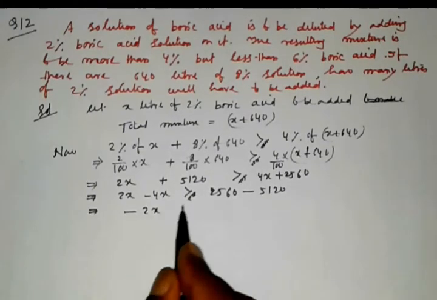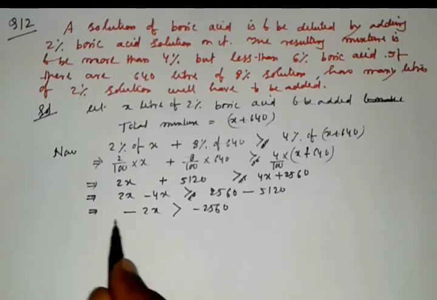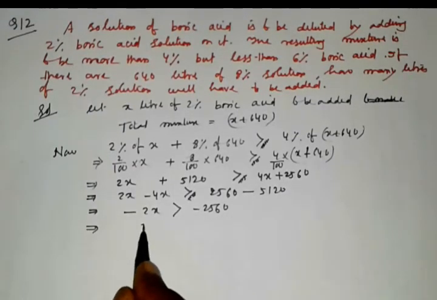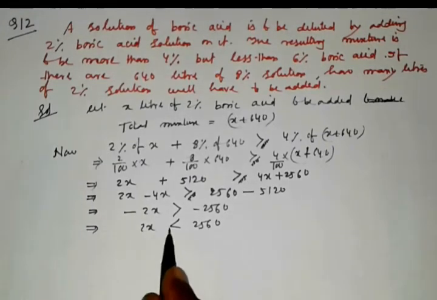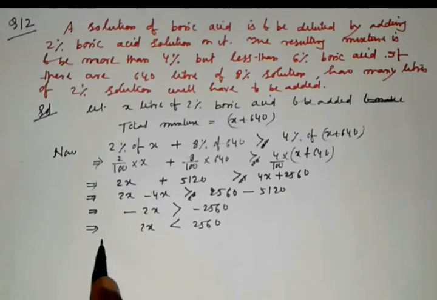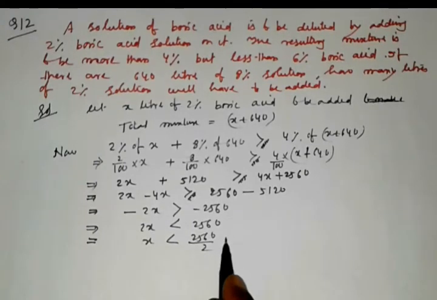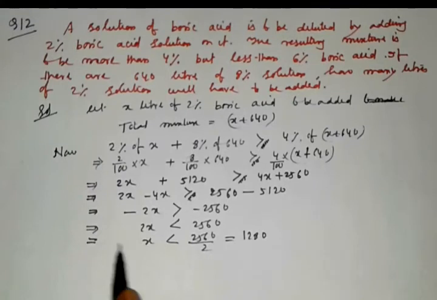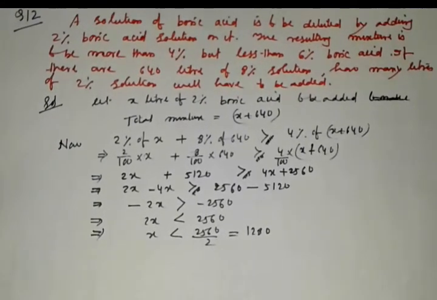This is minus 2x greater than minus 2560. The sign will change after removing the negative sign, so x less than 2560 by 2, which is equal to 1280. That is our x less than 1280.